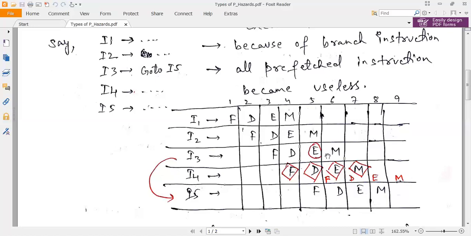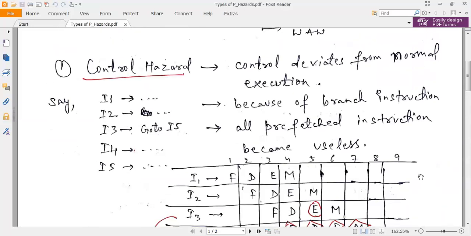So my concern is that because of this branching instruction, the normal pipelining performance is degrading. Why? Because if instruction number 4 does not start from clock cycle 4, it will take more time, and that means the performance is degrading. So this is a hazard. What hazard? Control hazard, because of the control and because of the branching instruction.